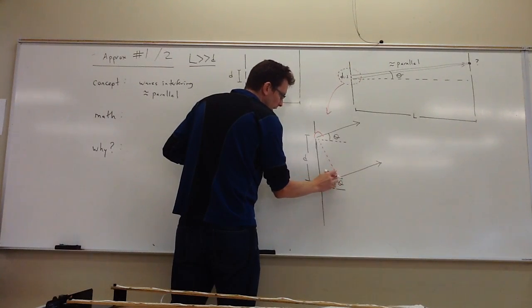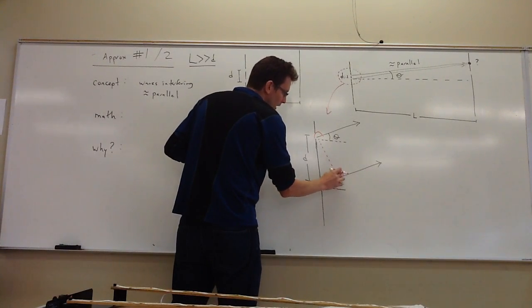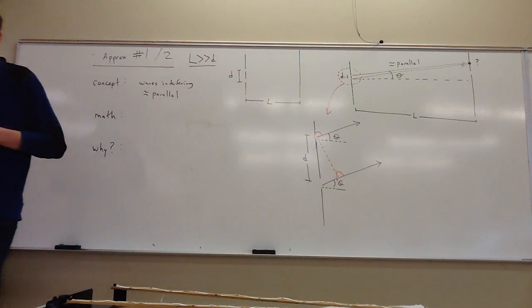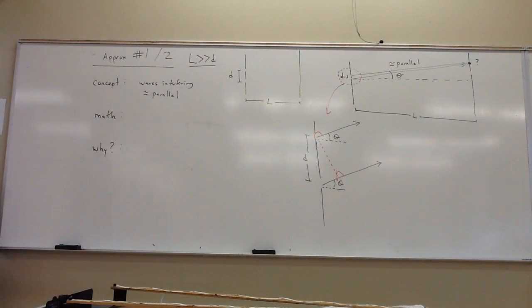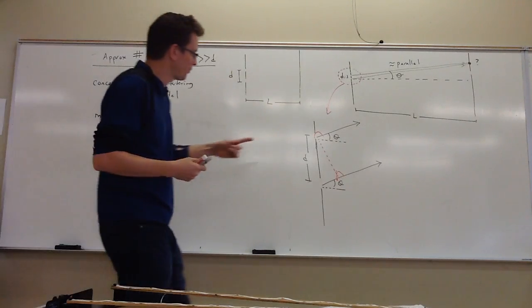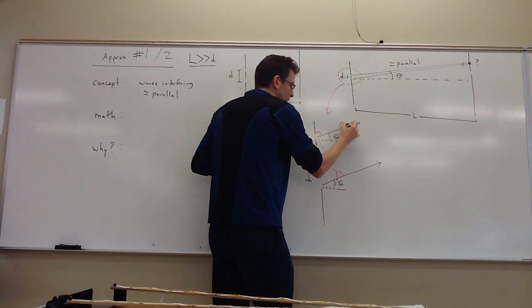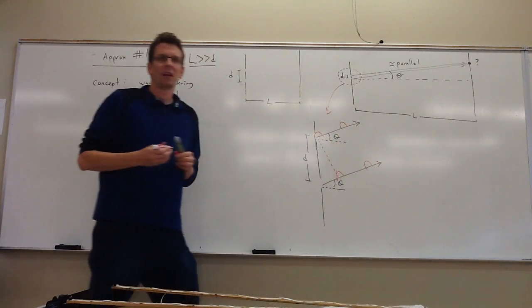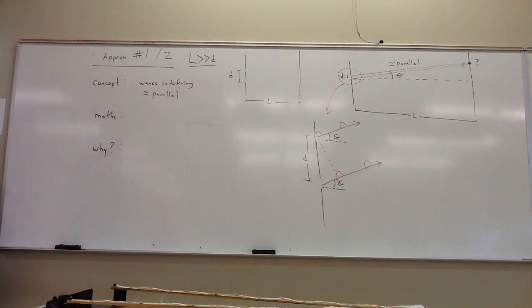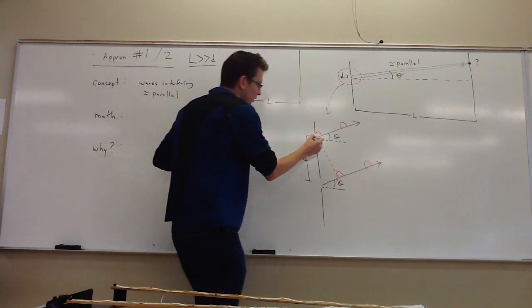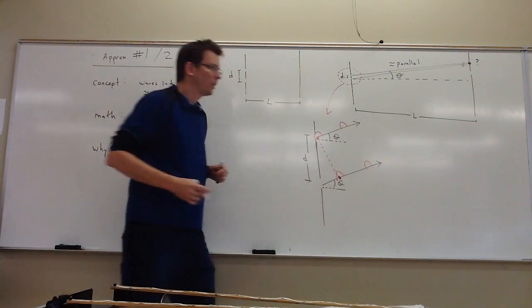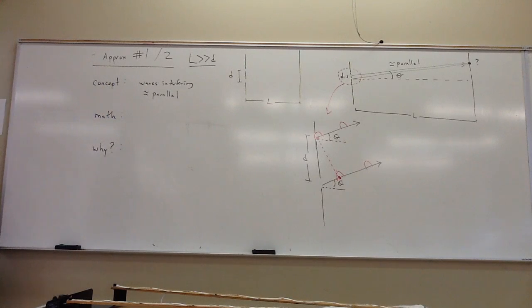Let's say I also happen to have a crest for this. Whatever relationship these two waves have at this moment, they're going to maintain all the way down the line to the screen. So if the crest lines up with the crest here, we're going to find later that the crest lines up with the crest at the screen. Does that make sense?